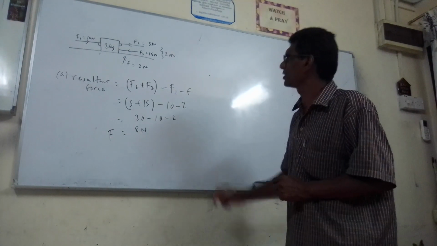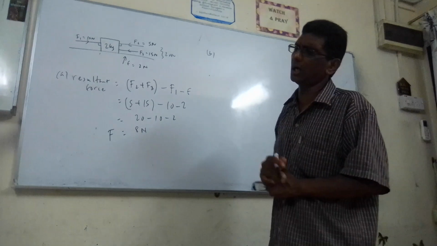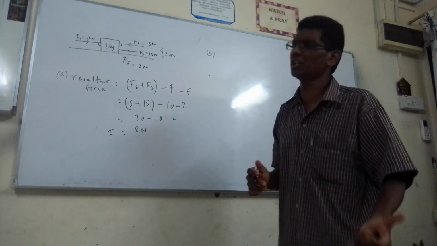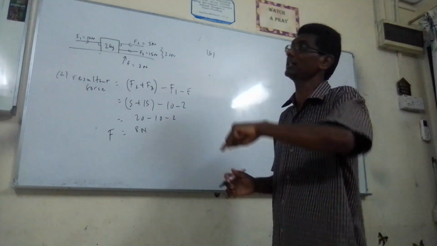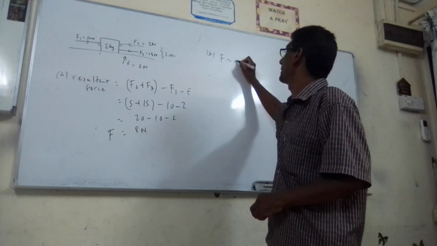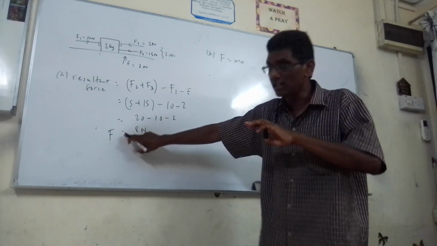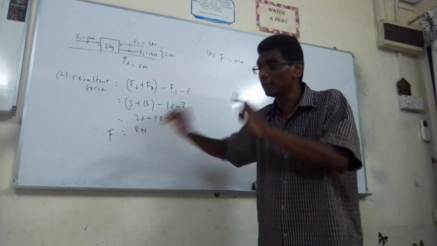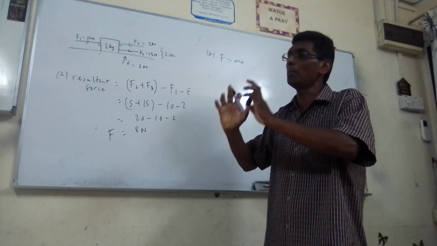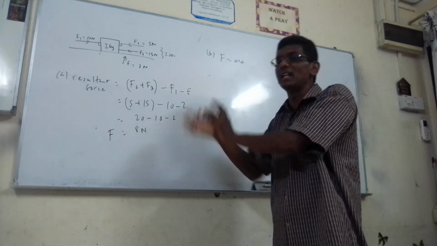Okay, so next, second question, to find the acceleration and direction of movement. So F equals ma. The F is the resultant force. Resultant force means the combination of a few forces to become one final force.